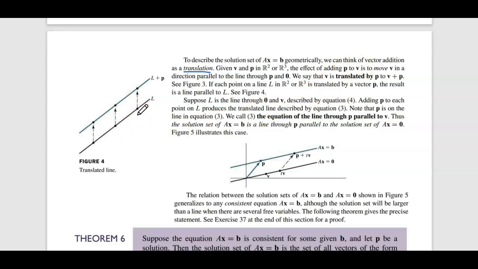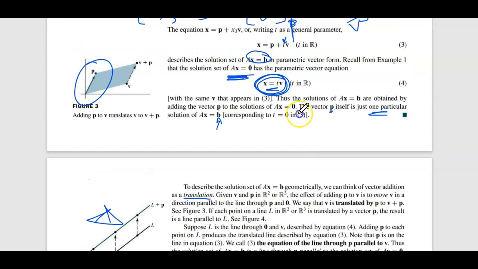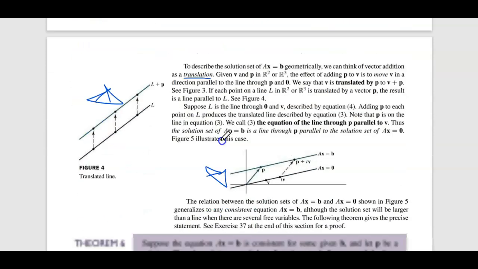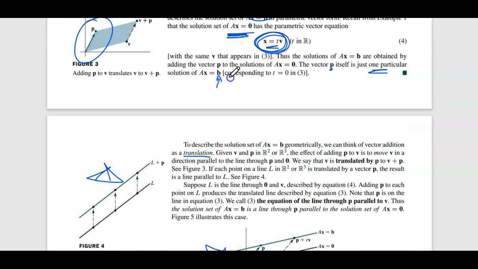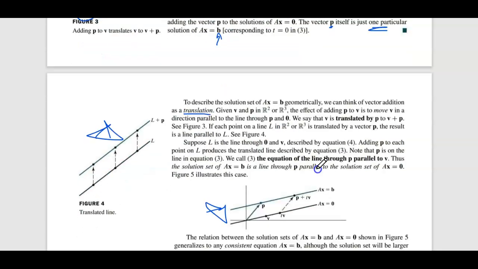We talked about vector addition before, and so we're just moving these vectors around through vector addition, where tV was dependent on the homogeneous solution, and P is dependent on our b solution here.